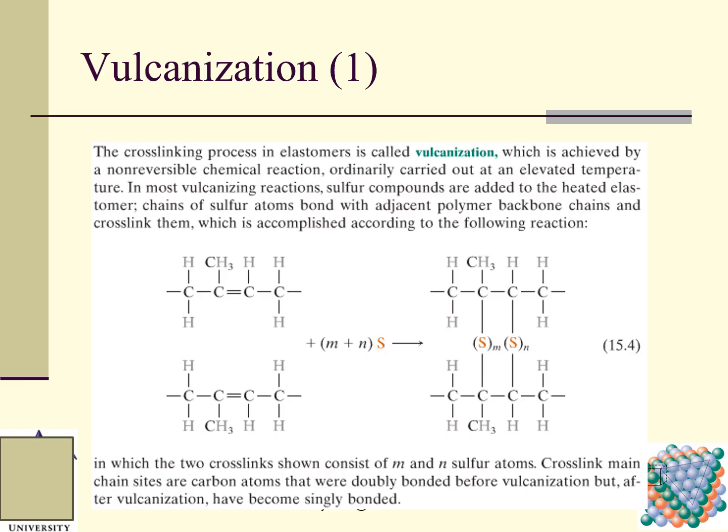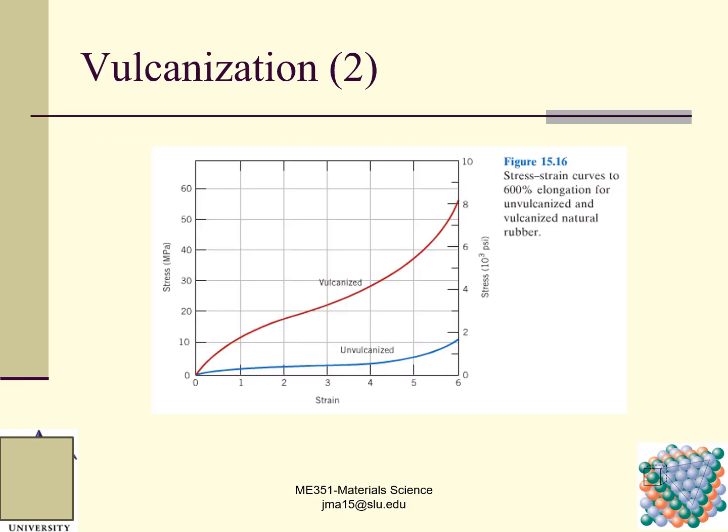We can see clearly that these are doubly bonded, but after we add the sulfur atoms they become singly bonded. So this is vulcanization and cross-linking.